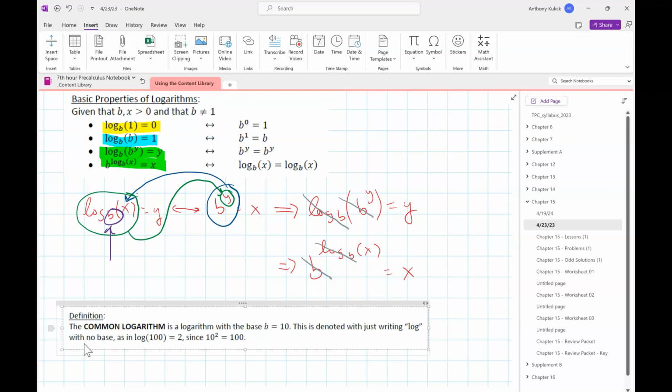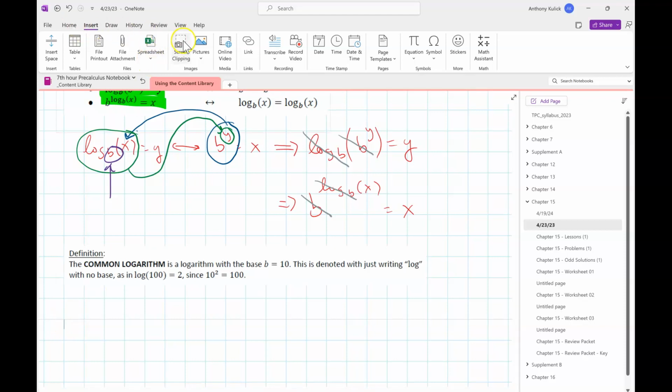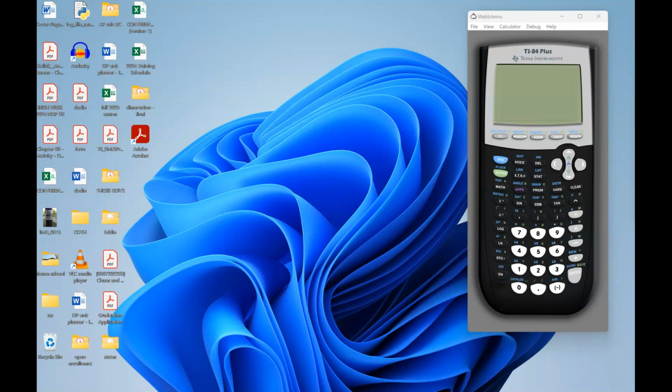We just recognize that when there's nothing there, it's 2. The same idea with the common log. When we write log with nothing in the subscript, we know that that something is 10. Everybody's okay with that? So log is log base 10.